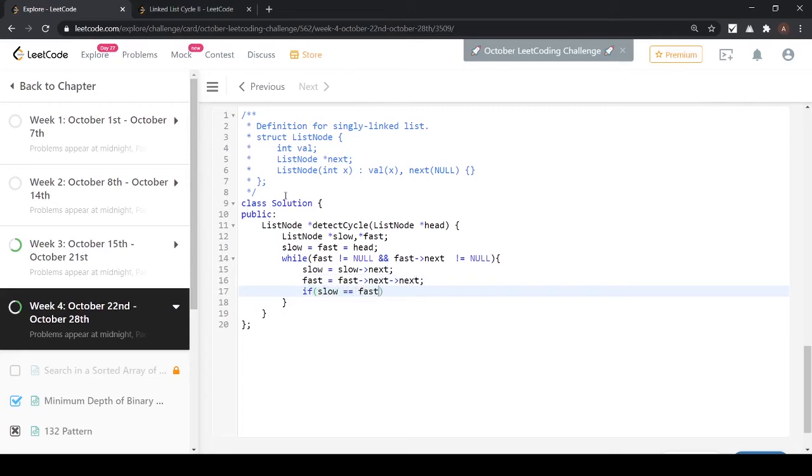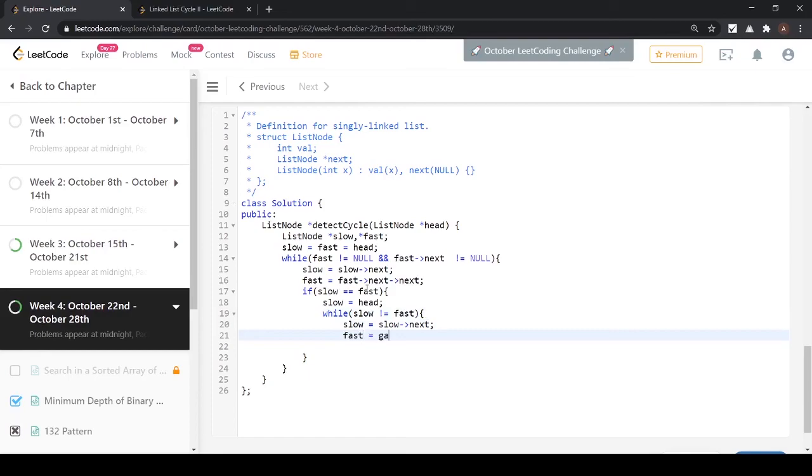If at any point slow and fast point to the same node, we reallocate slow to head, and we again iterate, with slow moving by one node and fast moving by one node, until slow and fast meet at some point. So slow equals slow next and fast equals fast next.